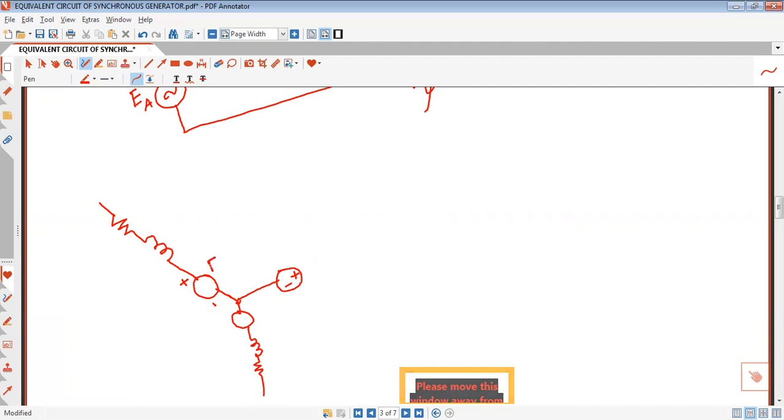This is the phase 3 induced EMF, this is the phase 1 induced EMF, and this is the phase 2 induced EMF in the armature.